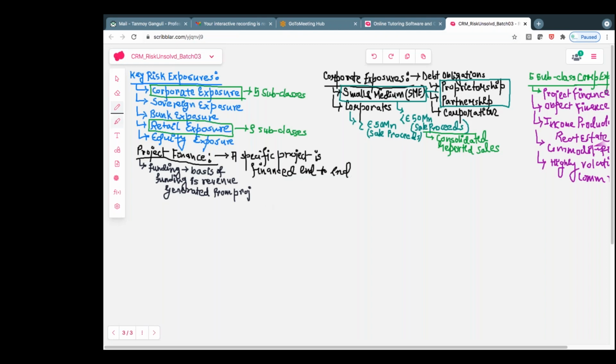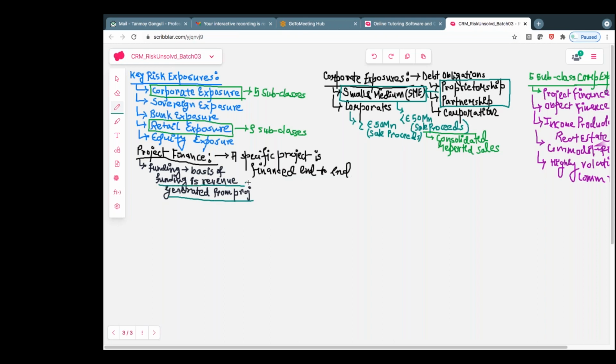So think about this project. Now this is what the revenue is. So this is what the description of the exposure is. Now what are the implications of this project?